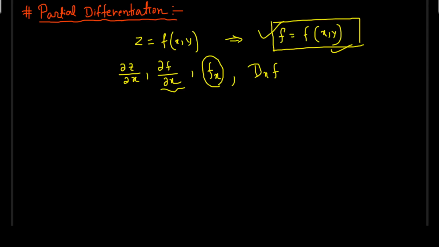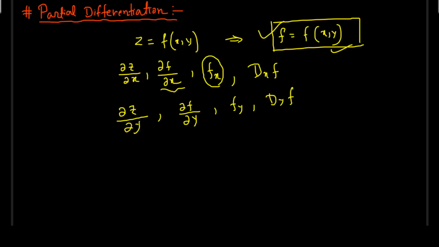Similarly, if we take the derivative of z with respect to y, then del z over del y, or you can write it as del f upon del y, or f_y, or D_y f. So these all are notations.